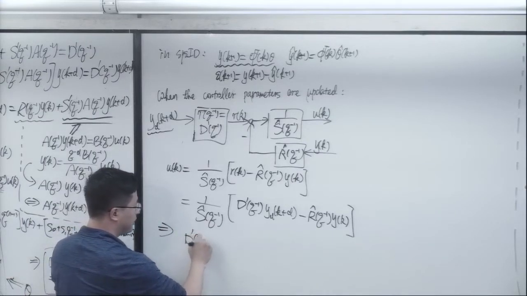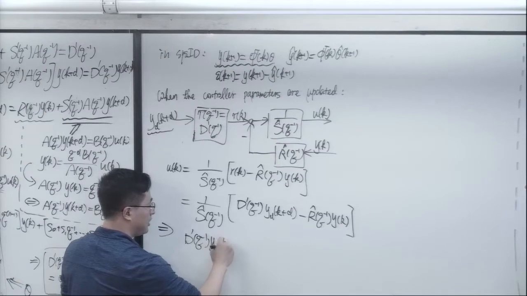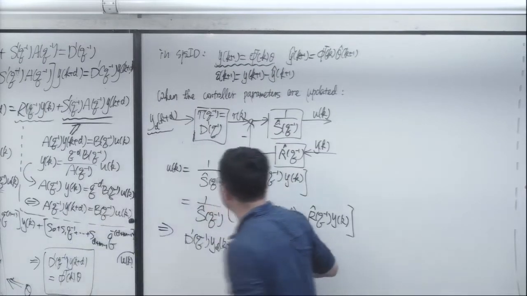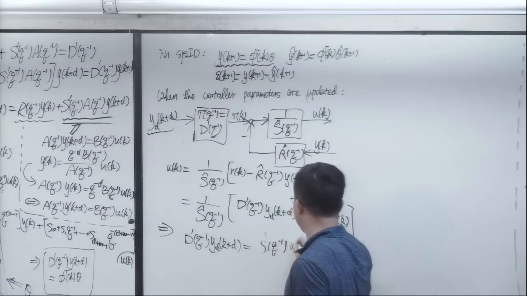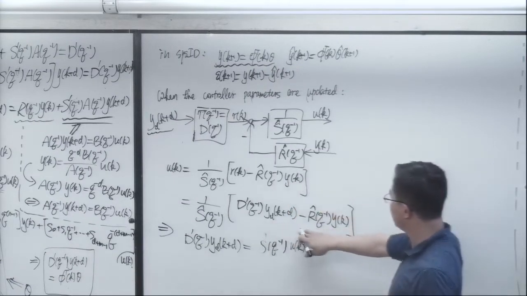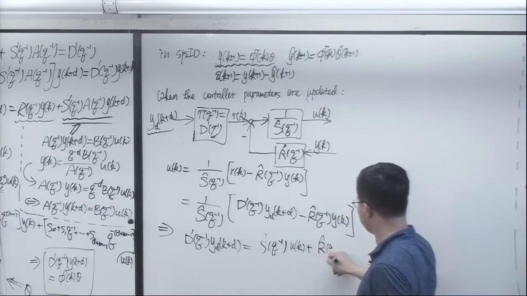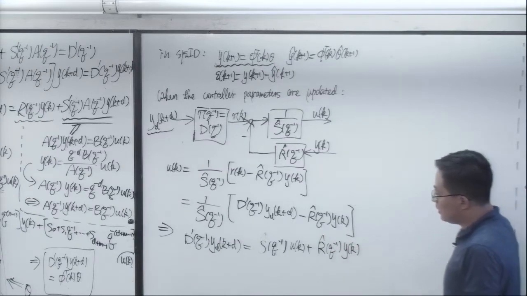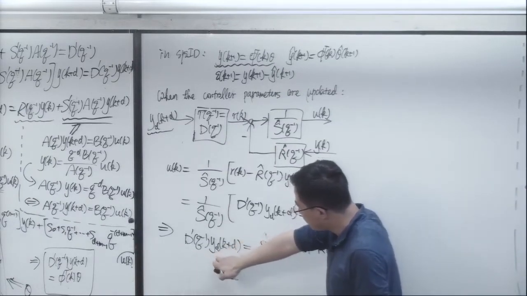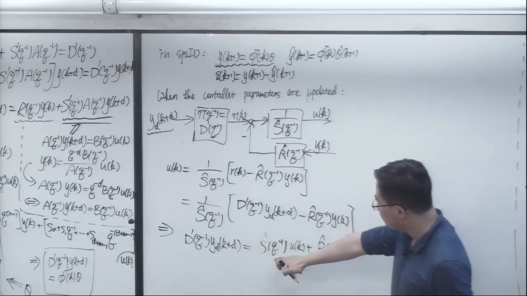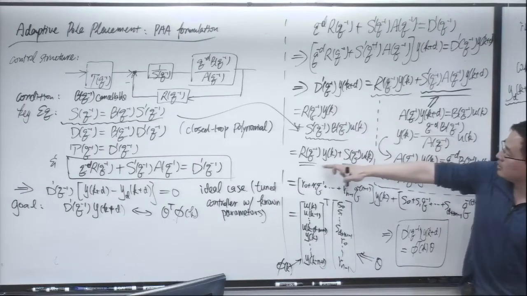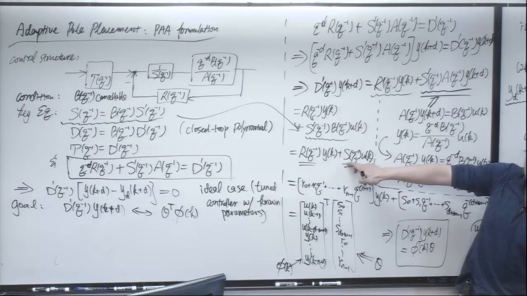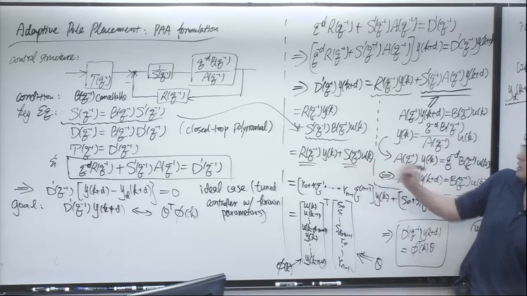So d prime, therefore, in y_d k plus d, it equals S prime, S hat, u_k plus R hat y_k. So the d prime times y_d is actually the same structure as d prime y, with everything in the controller parameter changing on the fly.